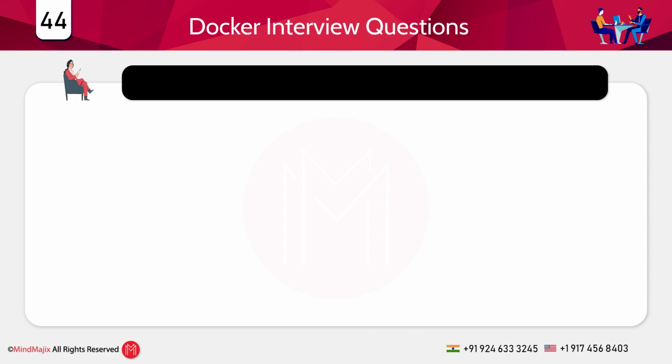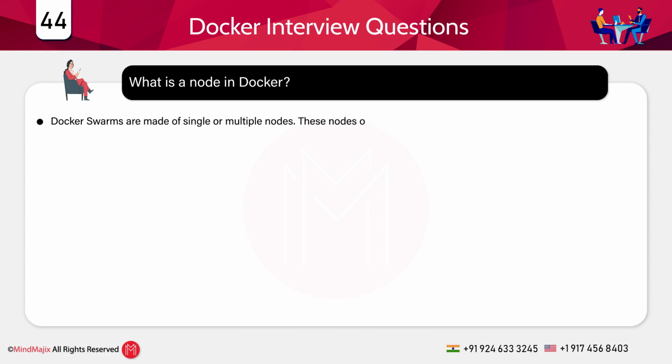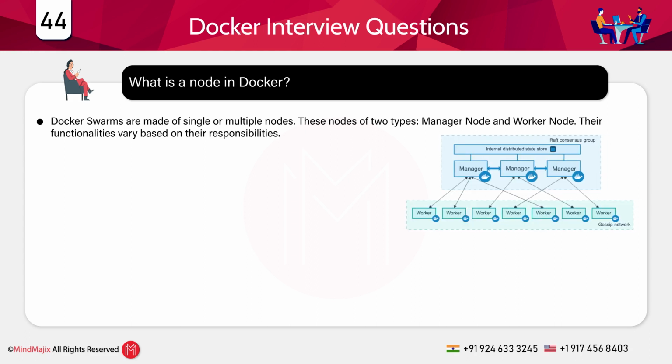The next question, what is a node in Docker? Docker swarms are made of single or multiple nodes. These nodes come in two types, manager nodes and worker nodes. Their functionalities vary based on their responsibilities. Manager nodes in Docker handle tasks related to cluster management.